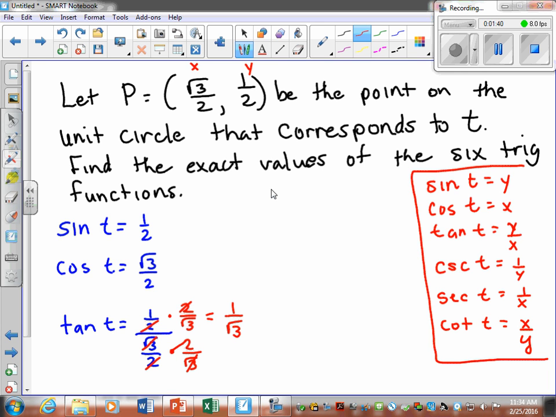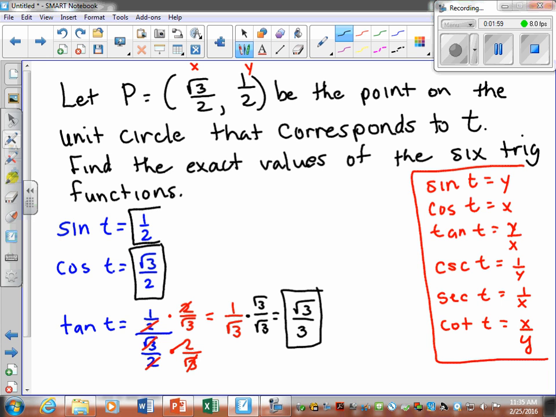So we don't want to leave radicals in the denominator, so this is an extra algebra step. So multiply by the square root of 3 over the square root of 3, which would give us the square root of 3 over 3. Go back and circle our answers, box in our answers, I mean. Alright, that's the first 3.